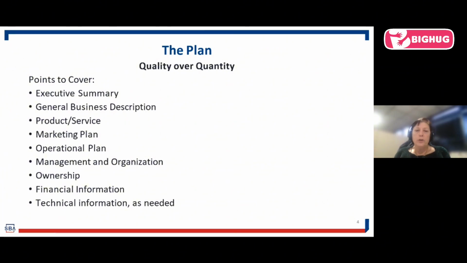Okay, so you have a deliverable, something you want to sell, and why is that going to be of value for your clients, your customers? The marketing plan should then flesh out a little bit more your client base.